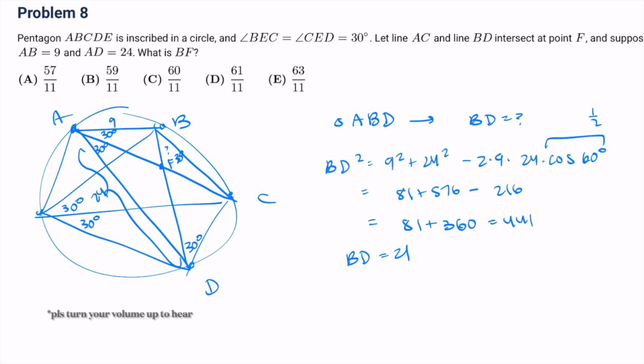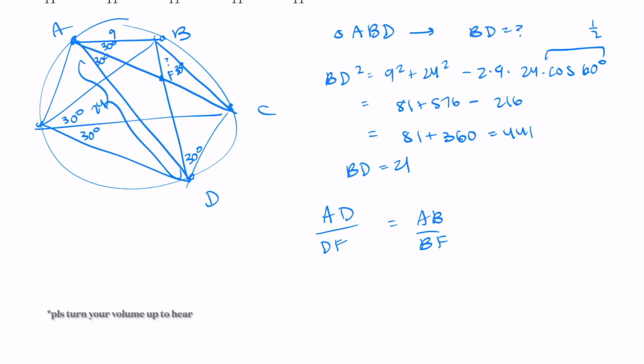Now, looking at triangle ABD again, we can see that segment AC is essentially an angle bisector. So we can apply the angle bisector theorem, which tells us AD over DF equals AB over BF, and substitute in the values we know. So 24 over 21 minus BF equals 9 over BF.